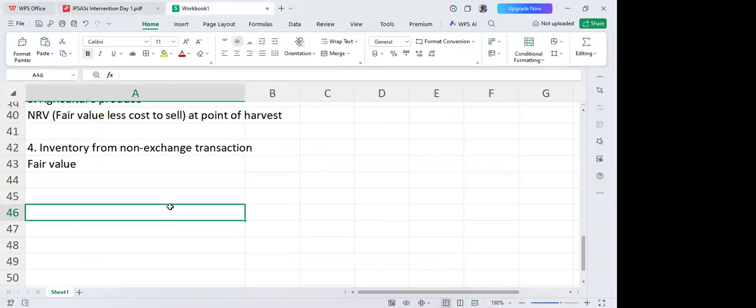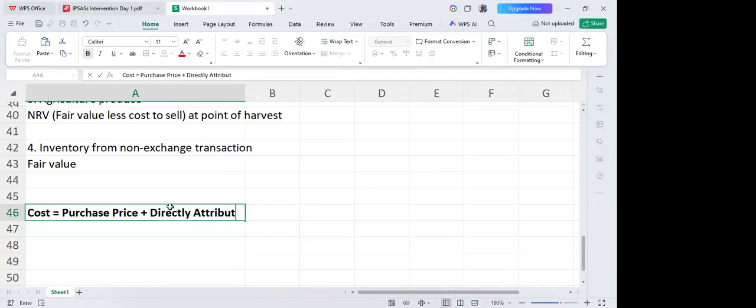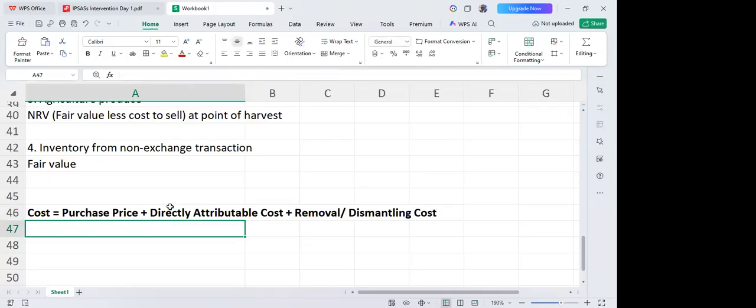So the components that make up cost: the purchase price, plus the directly attributable cost, plus removal or dismantling cost. So these are the three components of cost we have.